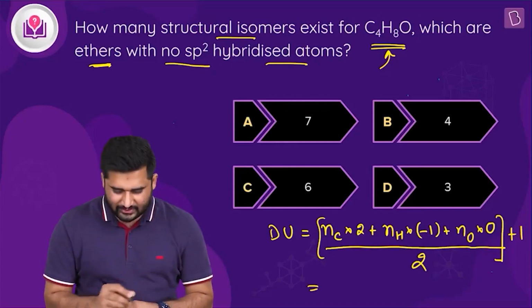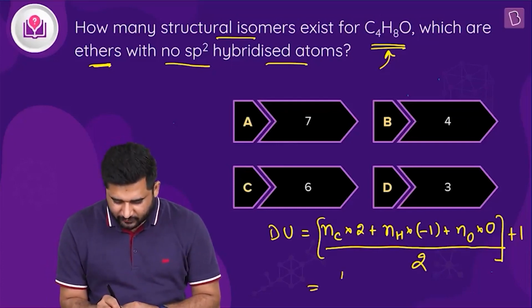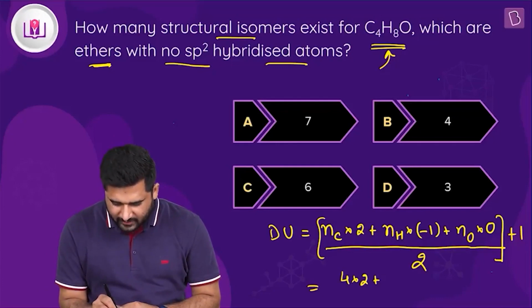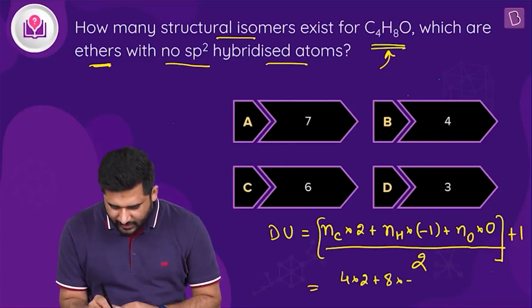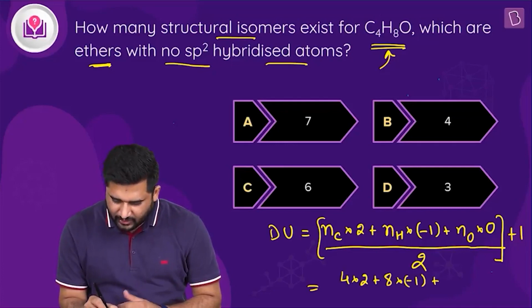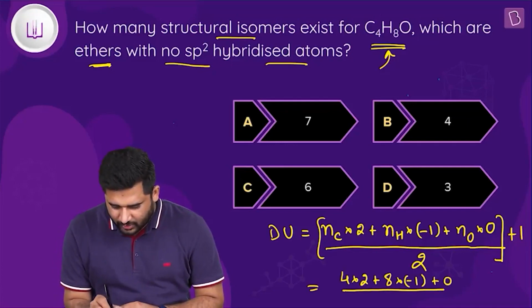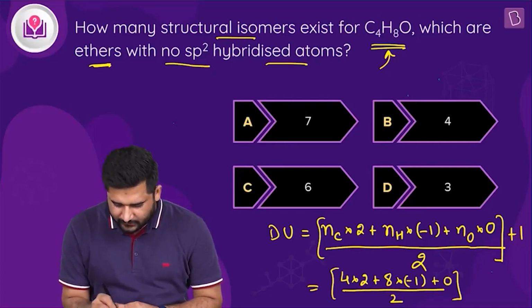So now you can see in this case we have 4 carbon atoms, so 4 into 2, plus we have 8 hydrogen atoms, so 8 into -1, plus for oxygen definitely it becomes 0, divided by 2, plus 1.